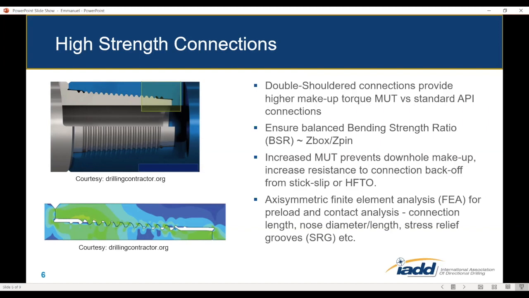We optimize them with a lot of FEA studies, especially with the axisymmetric FEA procedure, just so we can optimize the connection length, nose diameter, and also the stress relief groove. BSR is something very important these days because of the bend on connections. You have to make sure your BSR is also balanced.